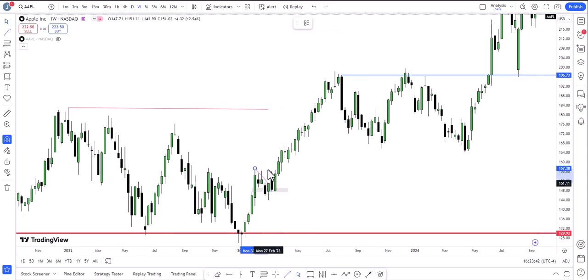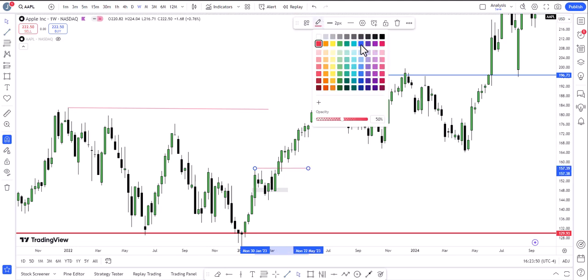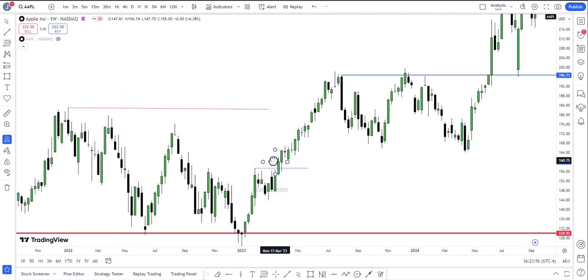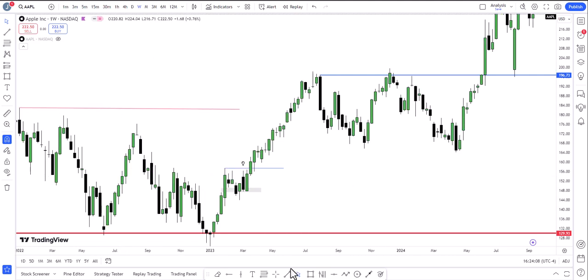Officially, market structure shifted there. So when that was broke here on that candle and closed above it, that was the market structure shift confirmation right there. As you can see, traded nicely, taking out that area buy side here.